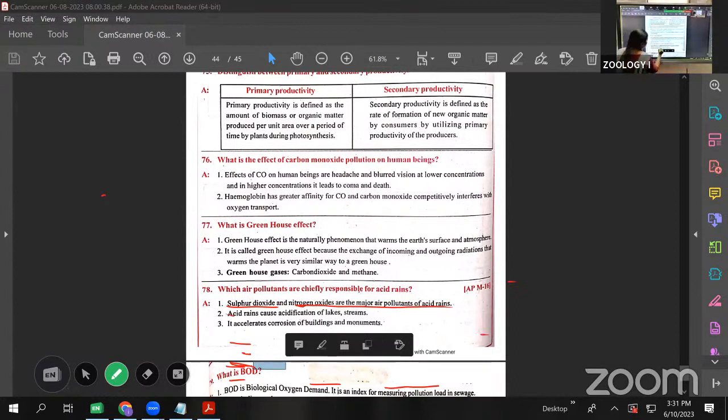Acid rains cause the acidification of lakes and streams. They accelerate the corrosion of buildings and monuments. Sulfur dioxide and nitrogen oxide mainly cause the air pollution. When acid rains come, the lakes and streams become acidified. Monuments and buildings undergo corrosion by the acid rains.